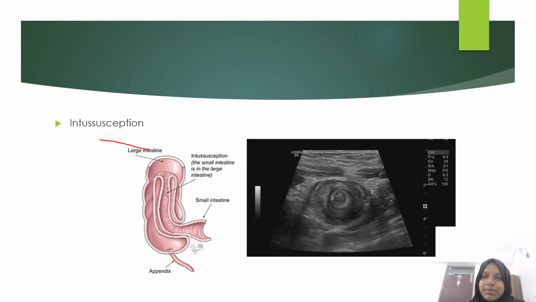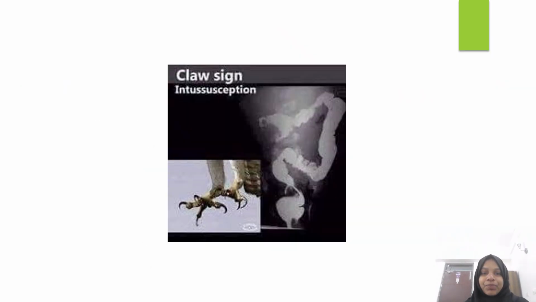In ultrasound you can get a target sign, an outer bowel loop with an inner bowel loop, because there is a halo between the inner and outer bowel, due to some fat space between them, and the mesentery sometimes. That is why we get this target sign.